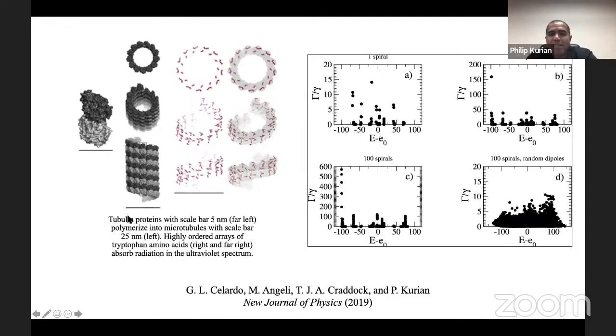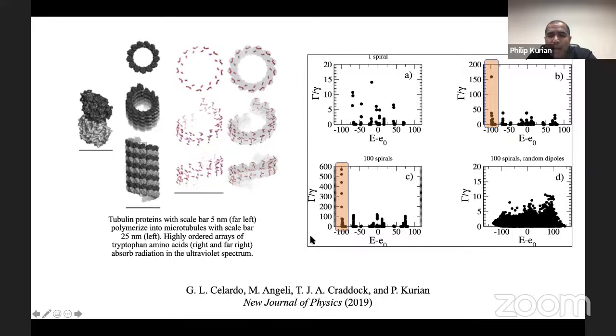Now, we were surprised to find that if you only look at one spiral, I know it's hard to see here on the slide, you don't see much superradiance. You see 15 times the single tryptophan decay rate, and that's modest. But at 10 spirals, as you repeat this structure, you have more than 150 times the single tryptophan superradiance.